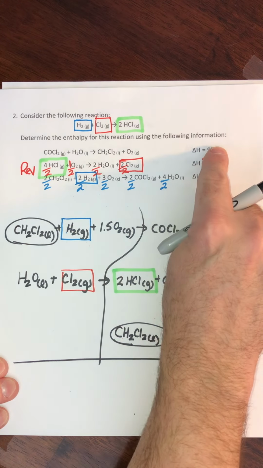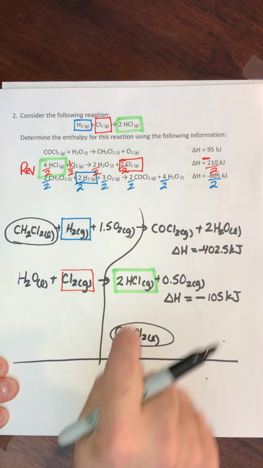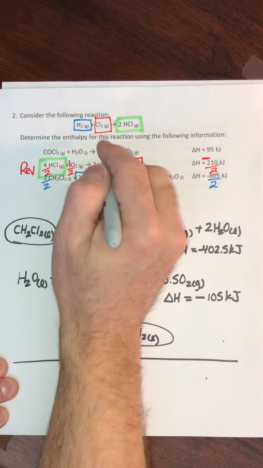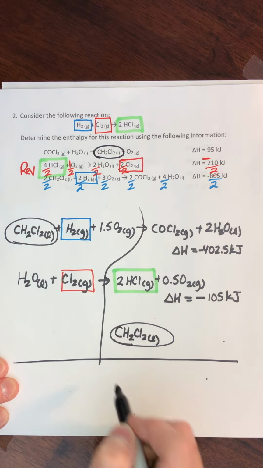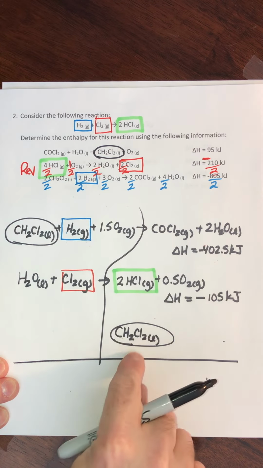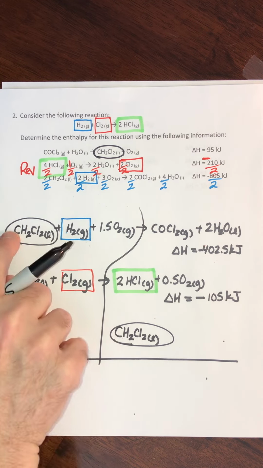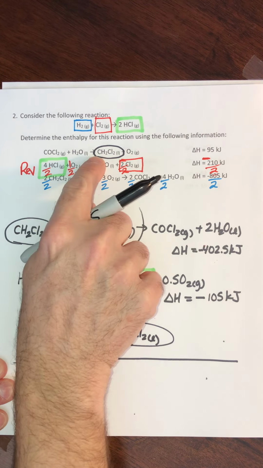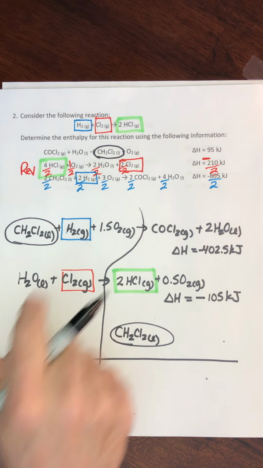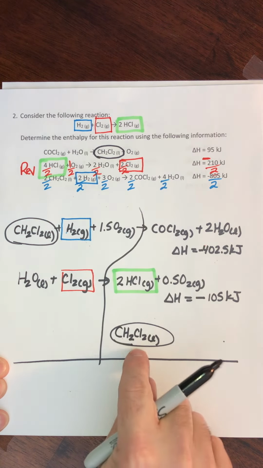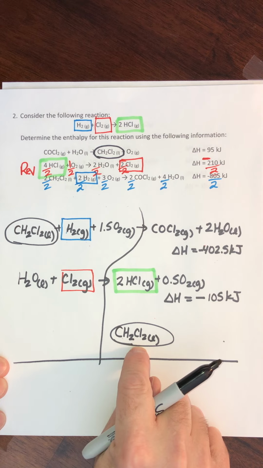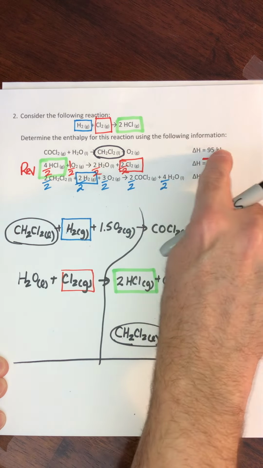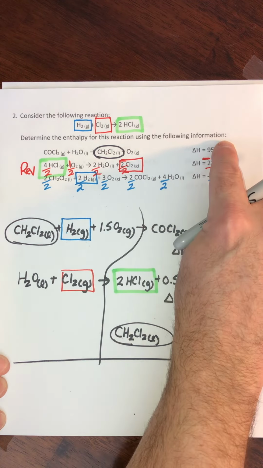So if I look at the last equation, that last equation does have a CH2Cl2 right here. There you go. I need to have one of them, right? Because in order to cancel, there's 1 and 1. And there is. That's good. And it needs to be a product. And here it is, a product. So it turns out that I didn't actually have to make any modifications to this equation.